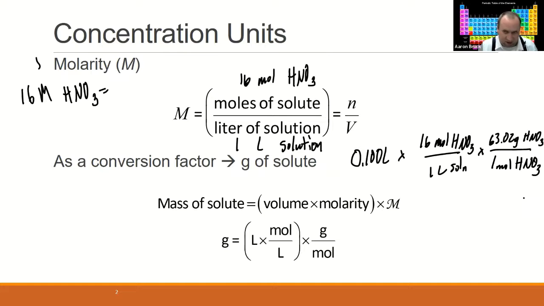So I take all of that, 16 times 63.02 times 0.1, and I would find I would need a little bit more than 100 grams of HNO3 to get this done.